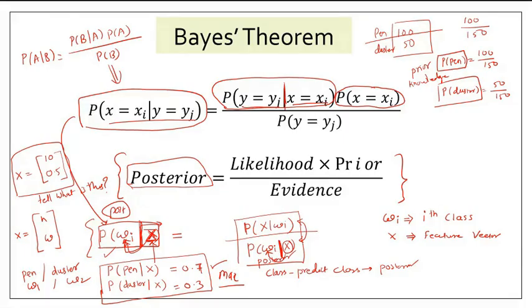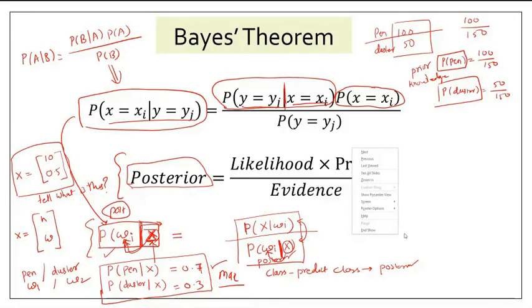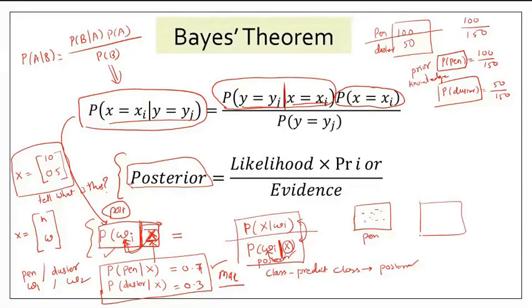Now what is likelihood? Likelihood is the probability of seeing a feature, given the feature is in a particular class. Now see what is the difference. These are some samples collected for pen, and these are some samples collected for duster.